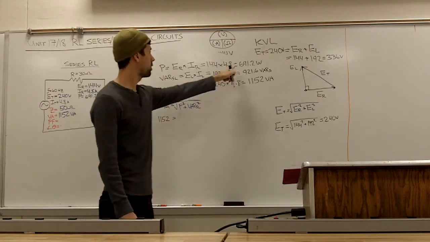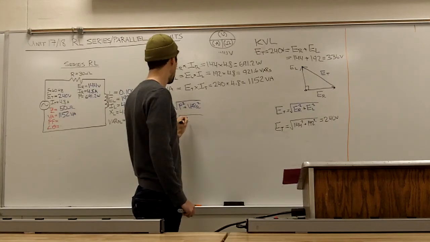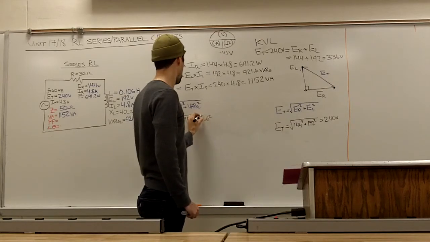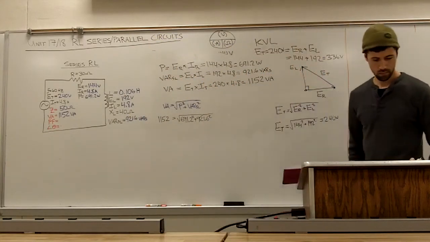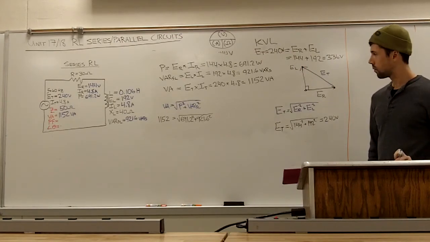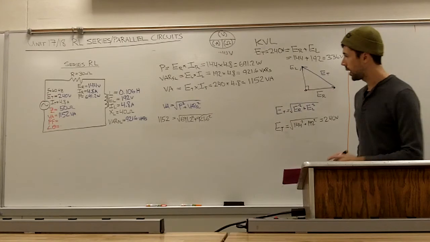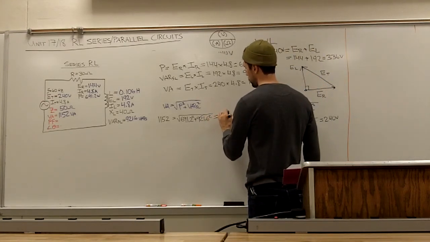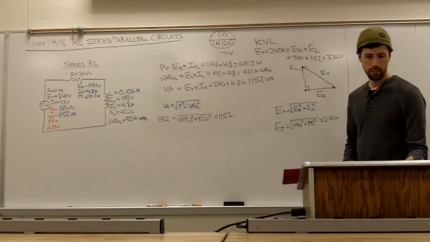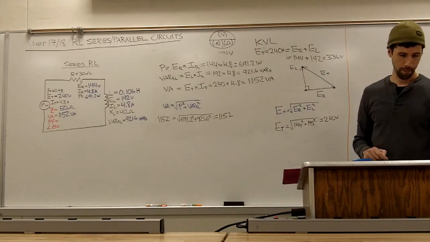Is it equal to the vectorial sum of these two? If we did everything correctly, that should be true. Add the two together, and I do in fact get 1,152 when I vectorially add the true power and the reactive power. I'm even more specific with P. It's now the true power.